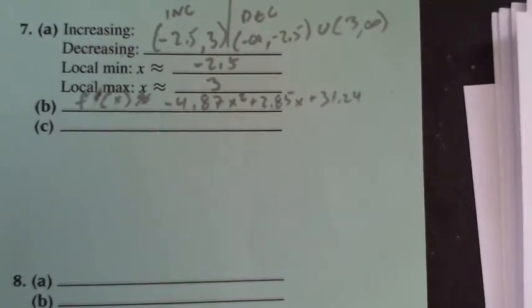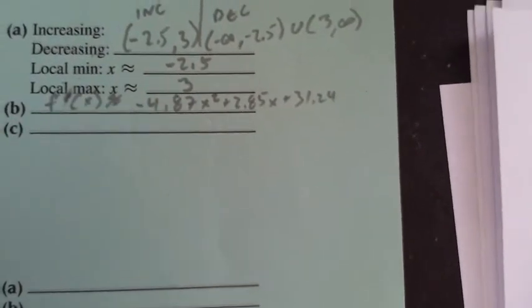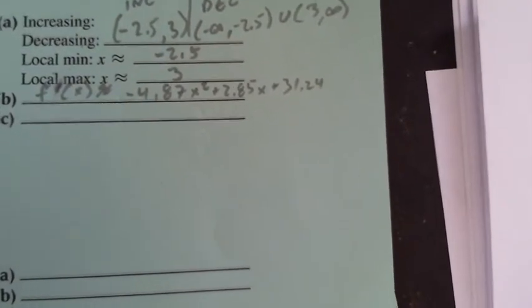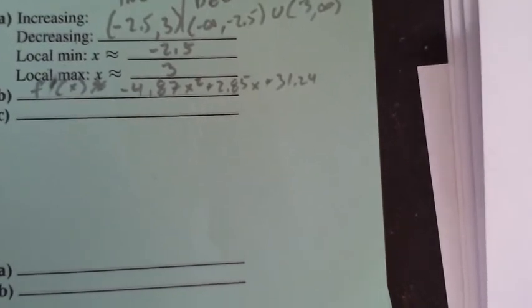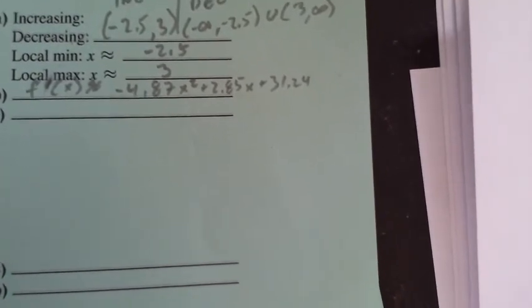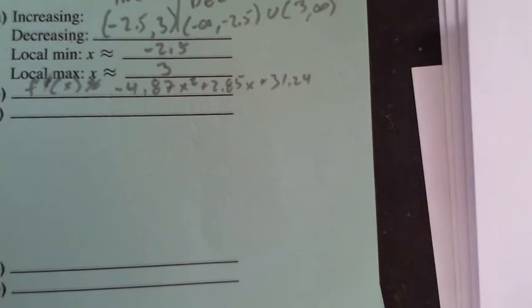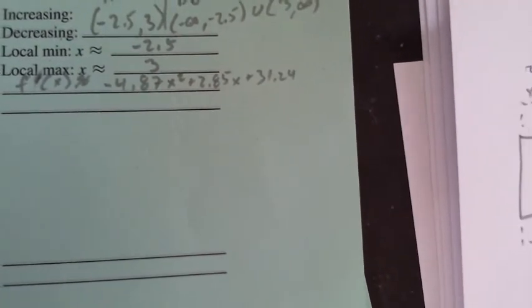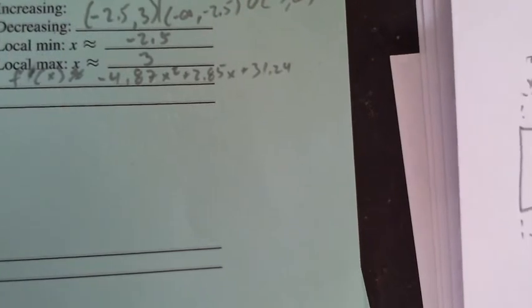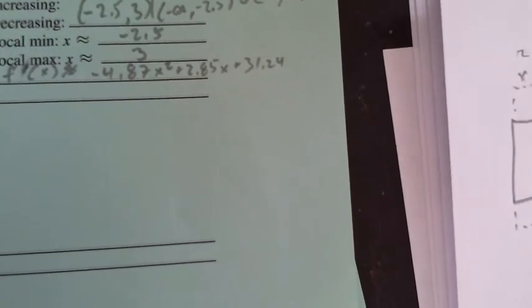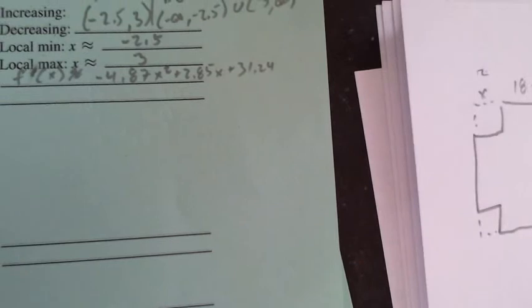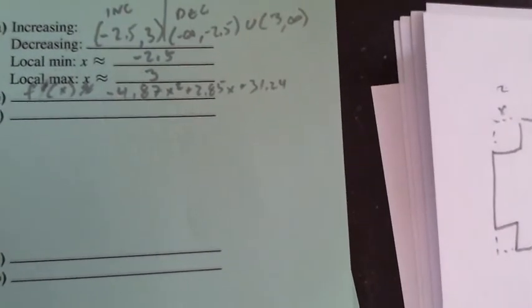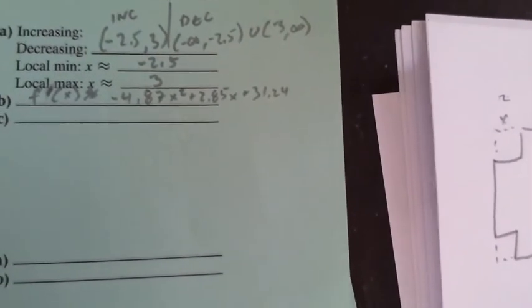So, look at it: negative 4.87 divided by 3, and then plus 2.85x divided by 2, plus 31.24.